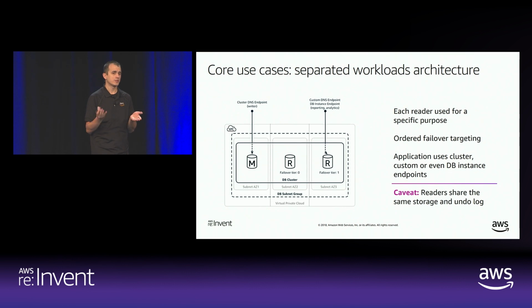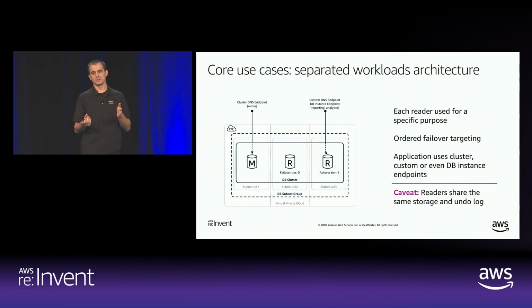There's also a little bit of a caveat to this architecture. Because this is a shared storage cluster, all of the data structures, including the undo log, are shared between all the nodes. So that means that if you have workloads with unoptimized, long-running queries, ad hoc queries, bad queries in general, even if you run them on the reader, they might still impact the performance of your writer or other elements in the cluster.